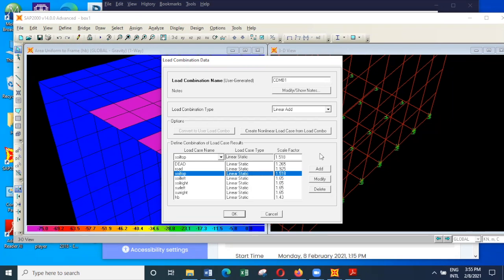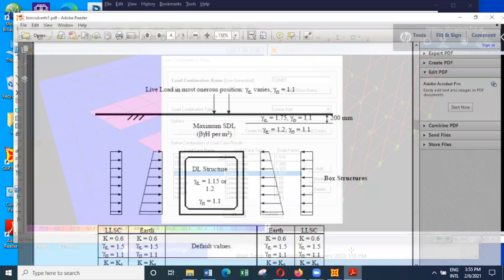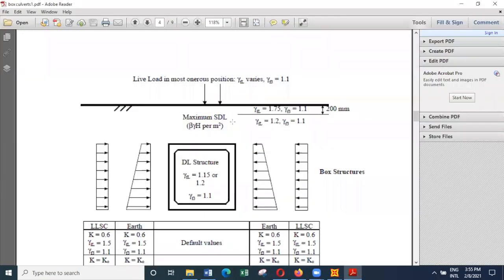1.15, 1.2, 1.1. Yes. So if I share the note, now you can see the note.